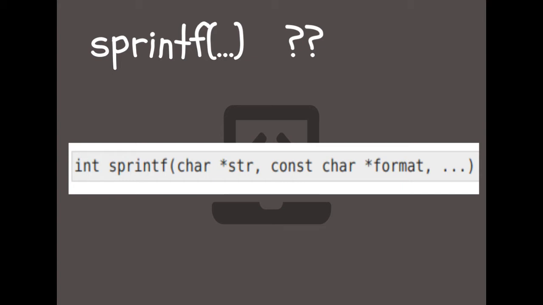First, str. This is a pointer to an array of character elements where the resulting C string is stored. This is very easy because we are merging different variables into a buffer.